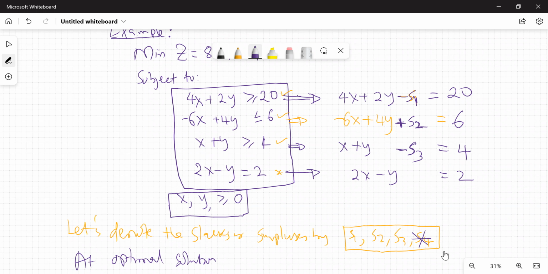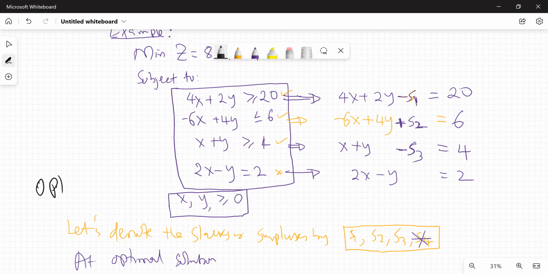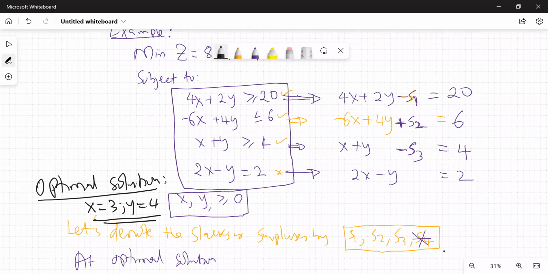We are supposed to solve this problem and then we get the solution. So let's assume that we have solved this problem and the optimal solution is given by x is 3 and y is 4. Suppose you have solved this graphically and you found that is the solution. You can try later whether that is true.